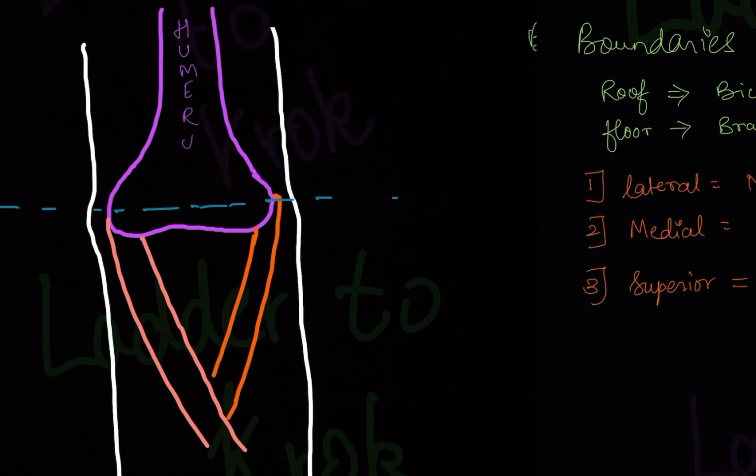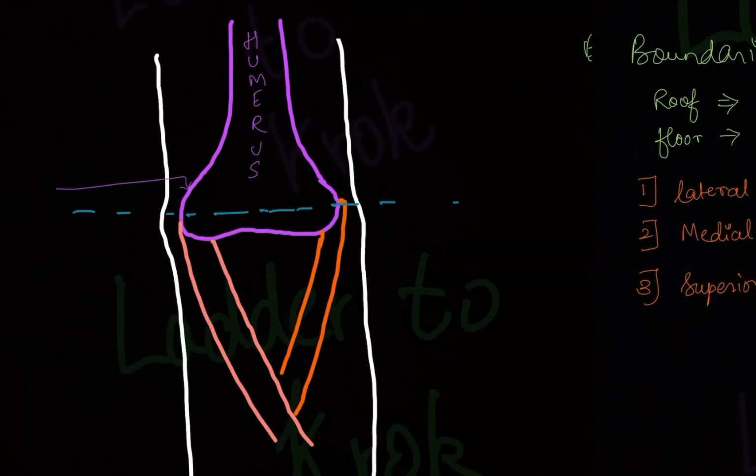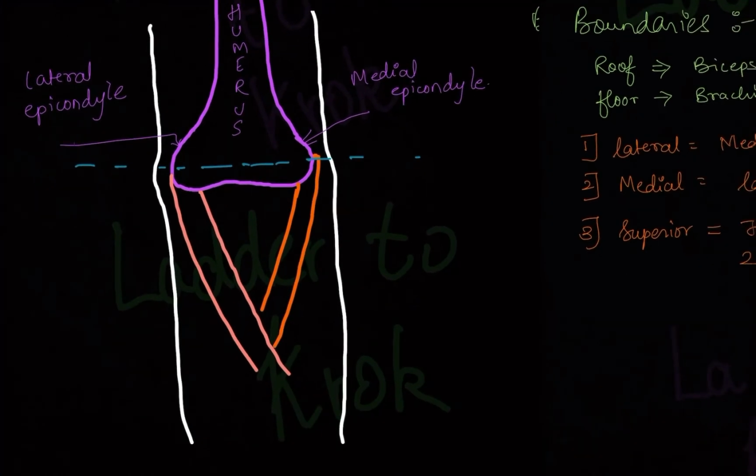You can see the epicondyles, right? This is the lateral epicondyle. And this side which you see, this is the medial epicondyle. Okay. I have drawn an imaginary line with a peacock color, right? This is the imaginary line which you're seeing over here, which is connecting two epicondyles, okay?